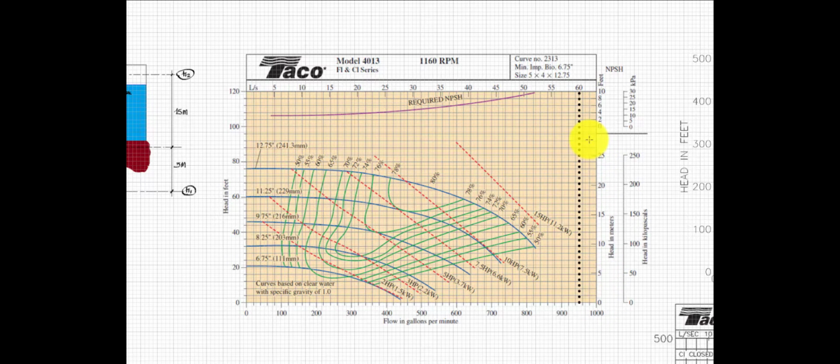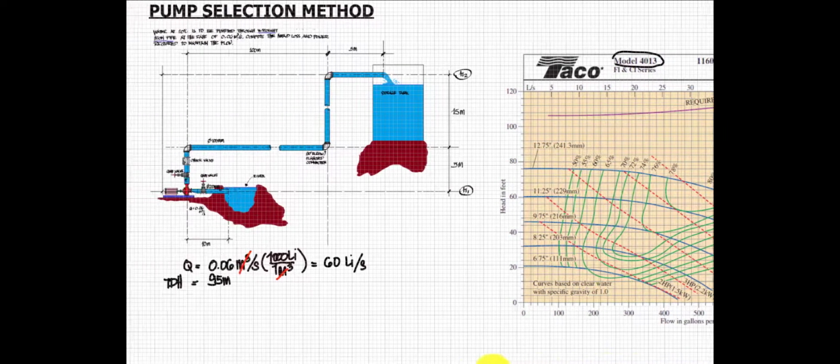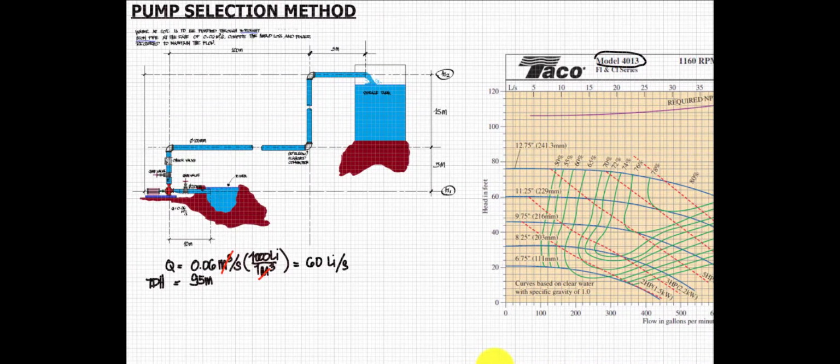So this means that this model of pump, the model 4013, is not sufficient to deliver the requirements of your design.